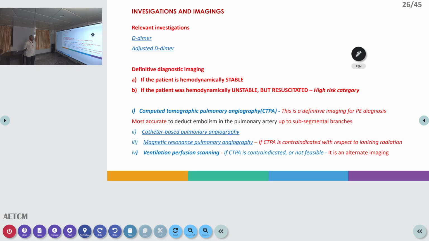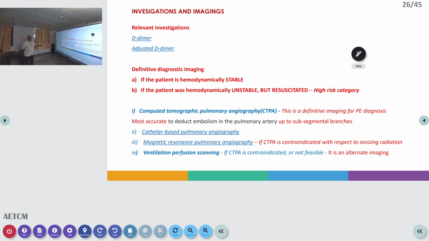In recent times, the most modern equipment can pinpoint the presence of pulmonary emboli even in the subsegmental branches. This is preferred over catheter-based pulmonary angiography. If the patient cannot be exposed to irradiation, we can go for magnetic resonance pulmonary angiography.